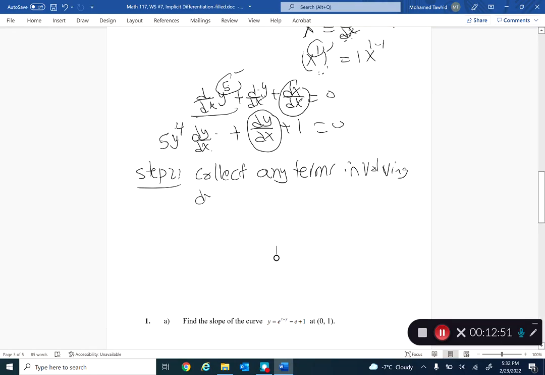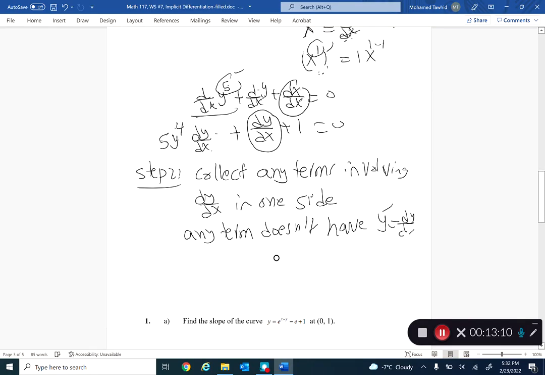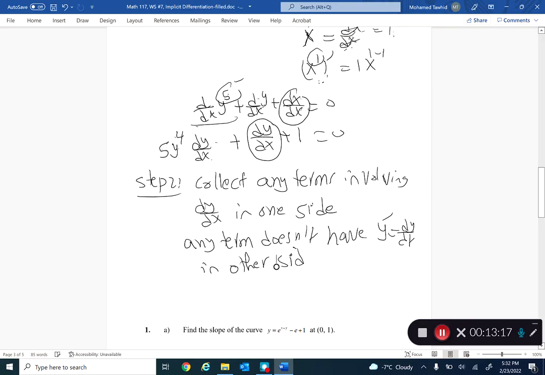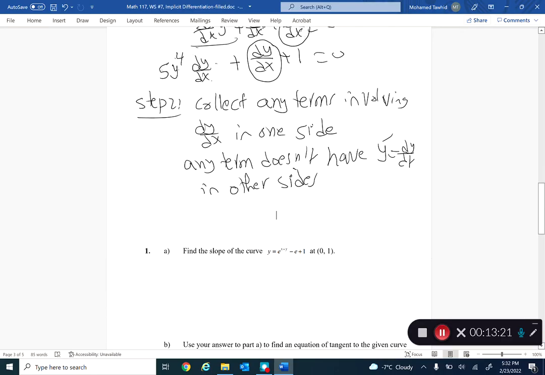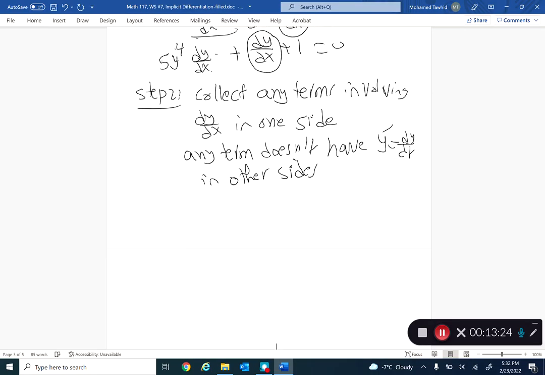Any term that has dy by dx, I put on one side, and any term that does not have y prime, or dy by dx, I have to put on the other side. I'm just writing some rules you have to follow, and then we're going to solve the problem following them.